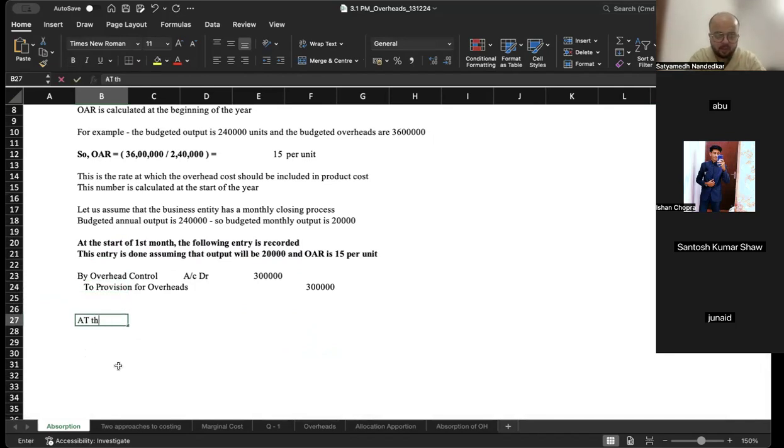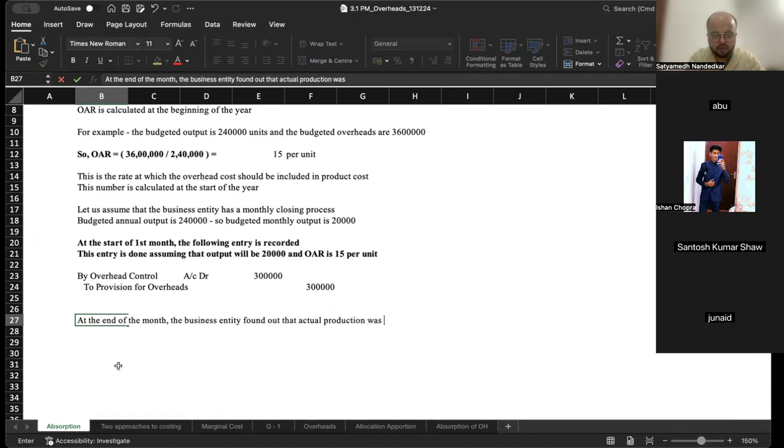Now, at the end of the month, the business entity found out that actual production was 21,000 units. Budgeted OAR is 15 per unit.